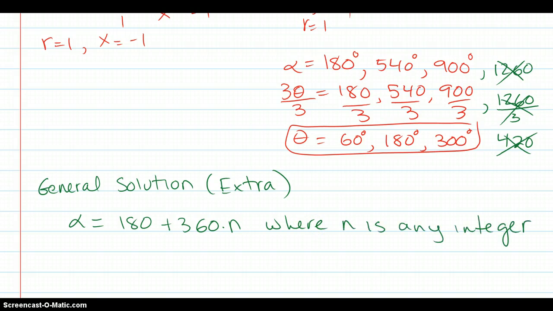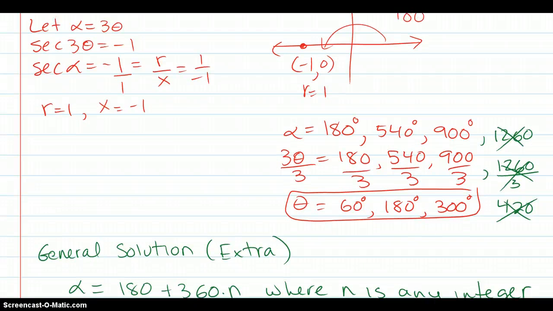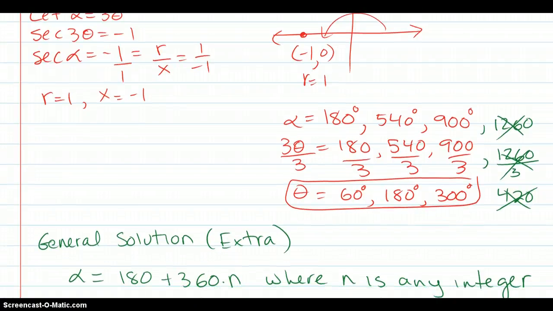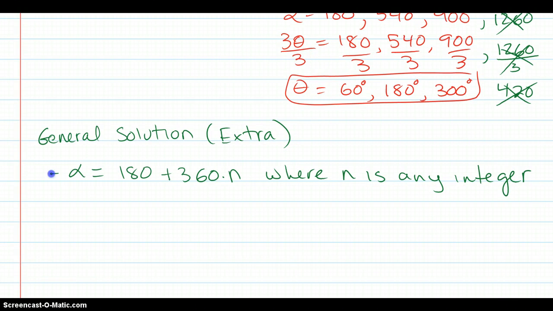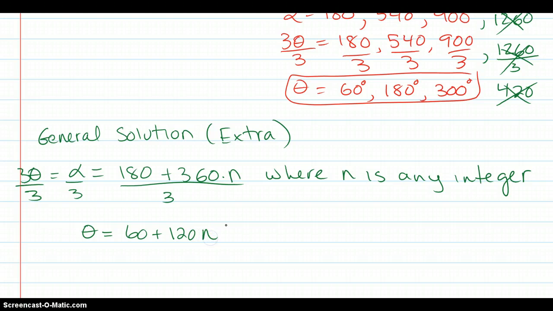But again, alpha, we remember, is 3 theta, so I'm going to say that this is equal to 3 theta, and then if I divide everything here by 3, I would get that theta is equal to 60 plus 120n, where n is any integer.